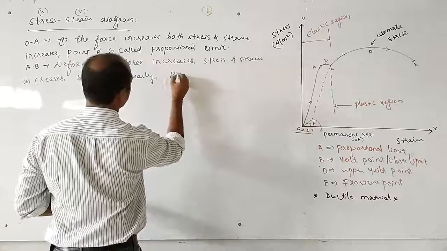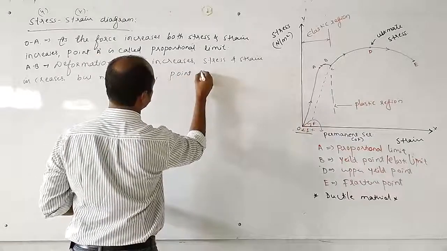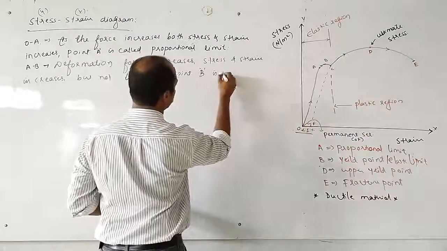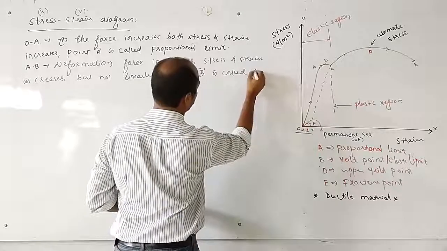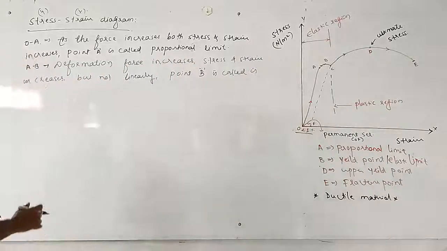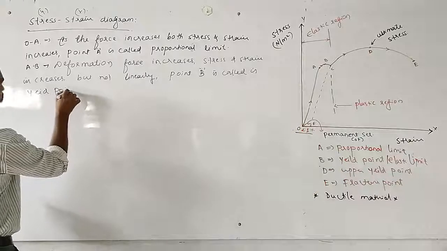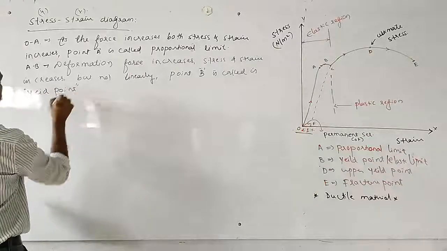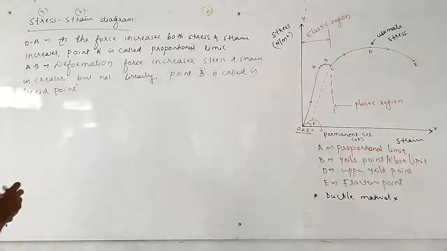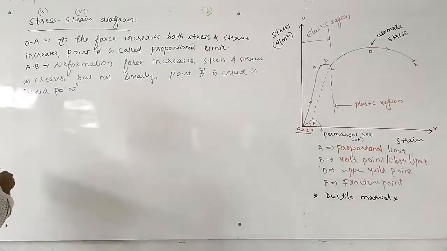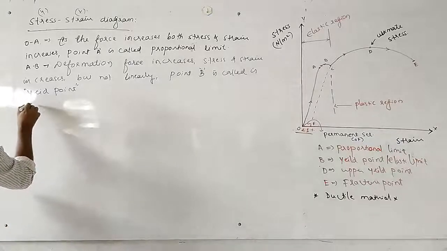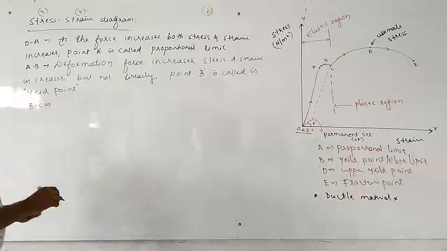And point B is called the elastic limit or yield point. Or I can say elastic limit. So next it is B to C. So B to C, what will happen?